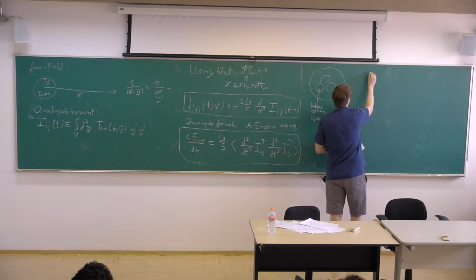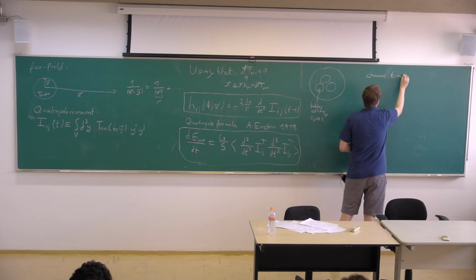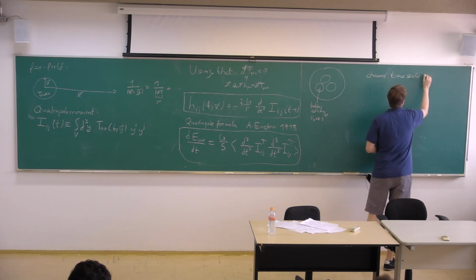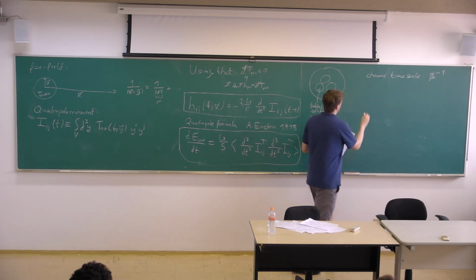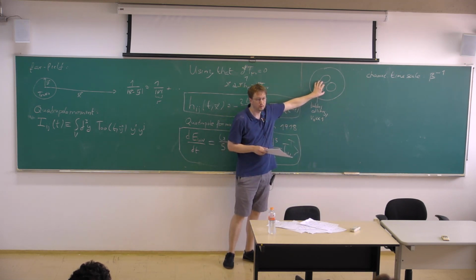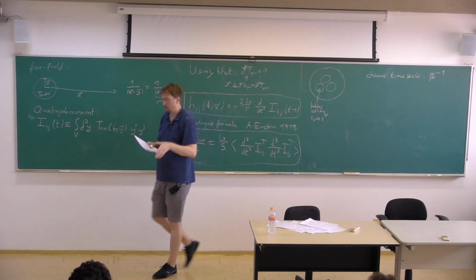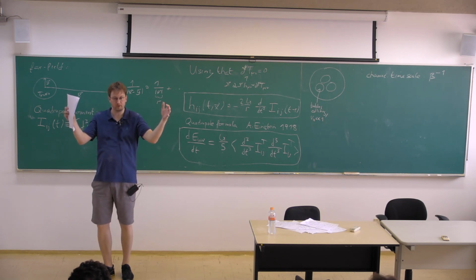So the characteristic timescale is beta inverse. Then the characteristic length scale is the size of these bubbles, right? The size of the bubbles, in turn, I can estimate so that they have a certain size initially and then they grow, because they expand with the bubble velocity.